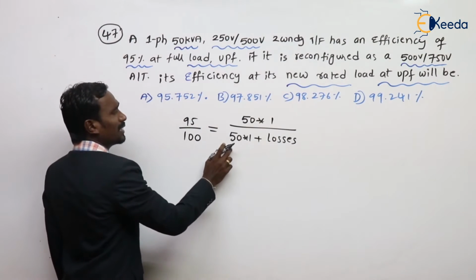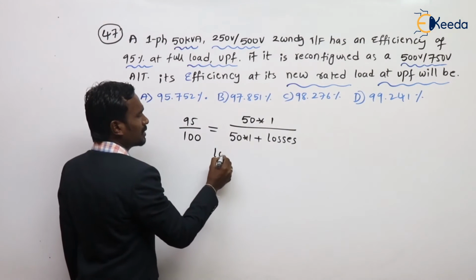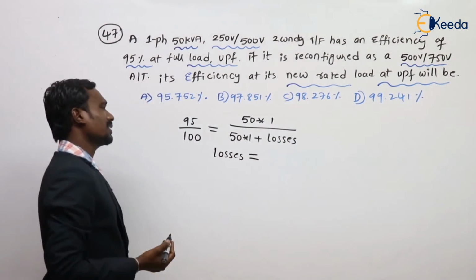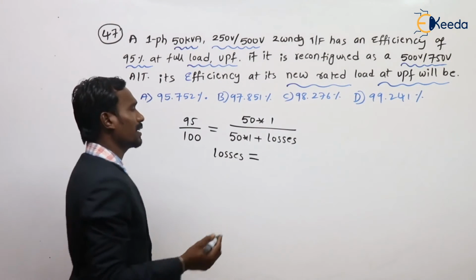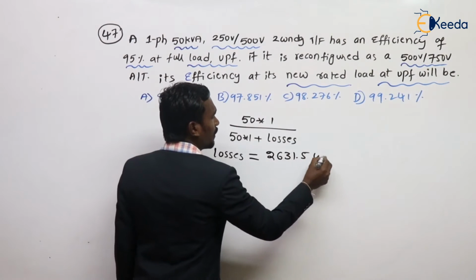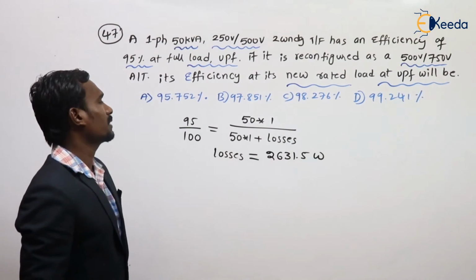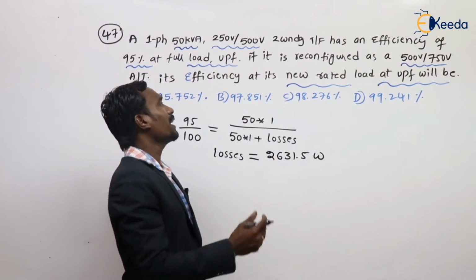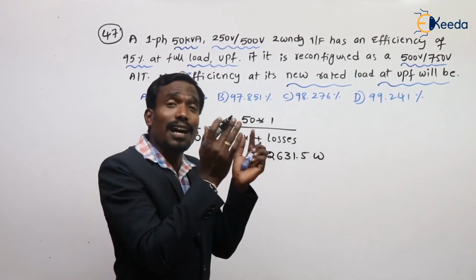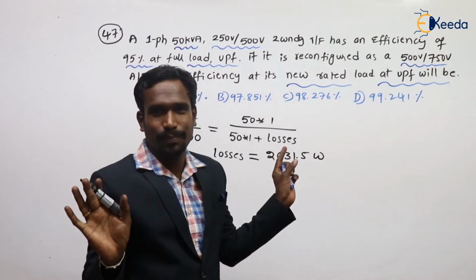So now find the losses. If you calculate from this, you get losses of the two winding transformer as 2631.5 watts. The losses are exactly the same for the auto transformer.